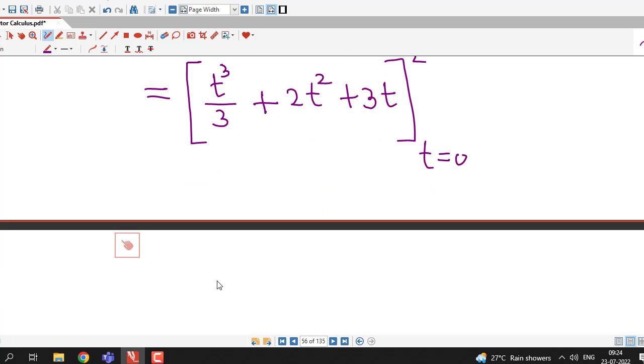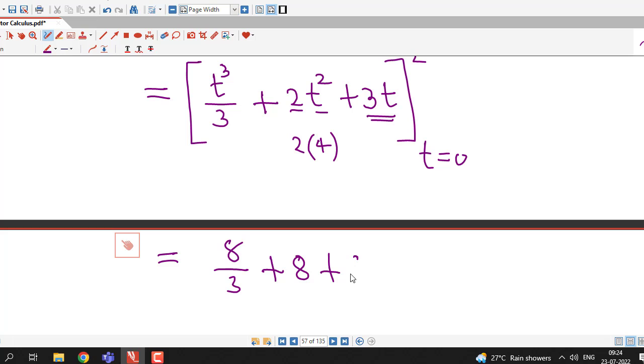Finally, we put in the limits of t. The upper limit is t equal to 2. If I put t equal to 2 here, I will have 2 raised to 3, that is 8 by 3, plus 2 into t square. t is 2, so t square is 4, and I have 2 into 4, that is 8, plus 3 into 2, that is 6.